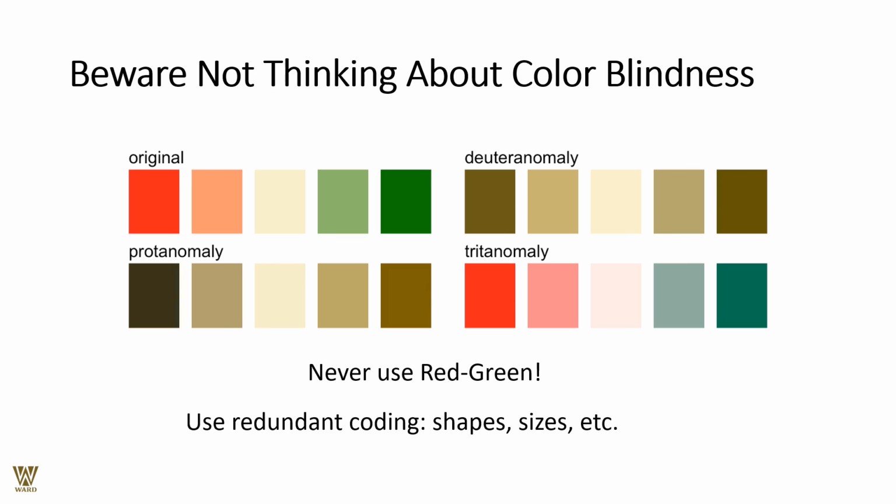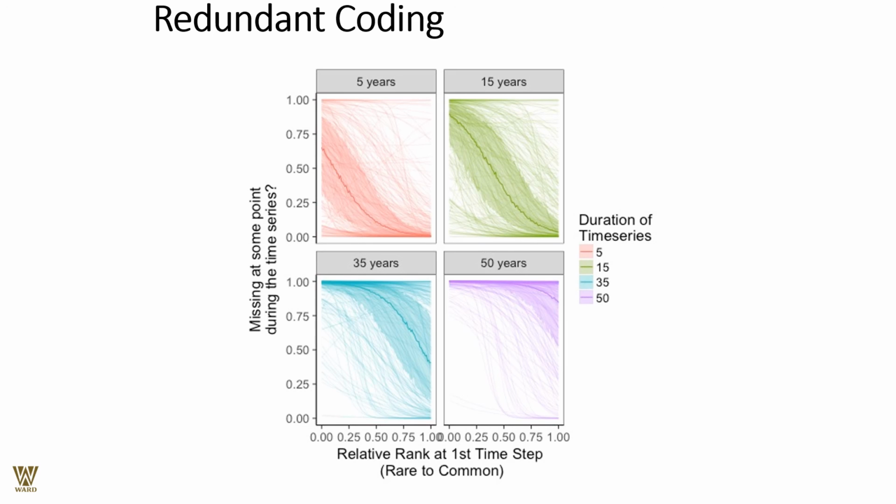Use redundant coding. Let's say shapes and size. Can we remove the color concept altogether and use different shapes? Let's say hexagon, triangle, pentagon, or probably rectangle, square, circle. What we are looking into, we can come up with it. Then we have something called redundant coding. This is another thing that comes around it.